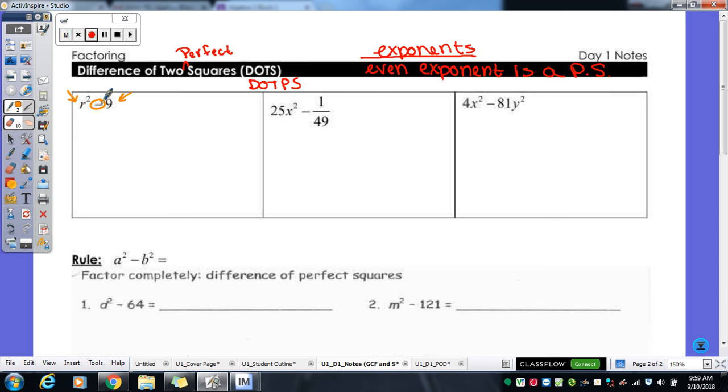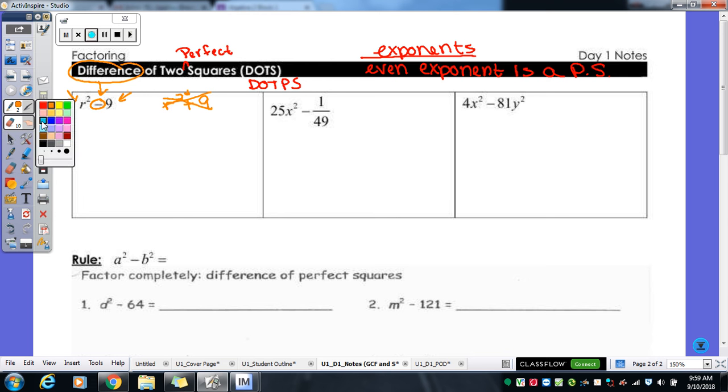I can't tell you how many times I've seen on an exam where they write r squared plus 9 because they want to throw you off. That is their goal, to throw you off. So they write that one, and then most people factor it like it's a DOTS problem because you see the two perfect squares. You ignore the fact that this is a plus sign. Difference means it has to be a subtraction. So that one is not a DOTS. It wants to be a DOTS, but just isn't quite there.